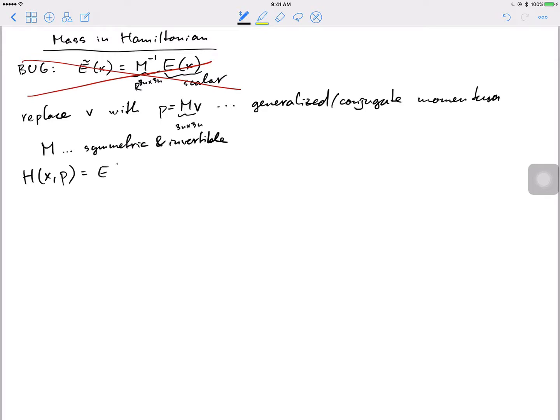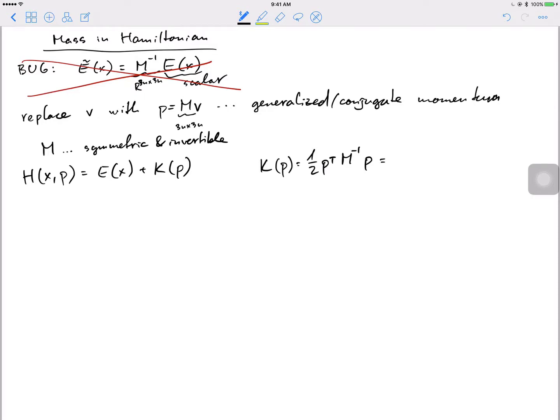And it's still going to be a sum of a potential energy and a kinetic energy. But now the kinetic energy depends on this p, okay? And here is the little trick. The kinetic energy K of p is defined as follows: 1/2 of p transpose M inverse p. That's the trick, the inverse there, okay? Why is the inverse there?